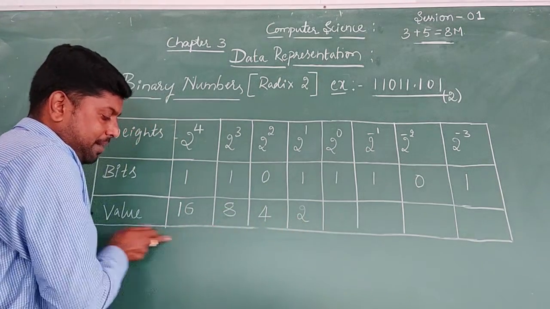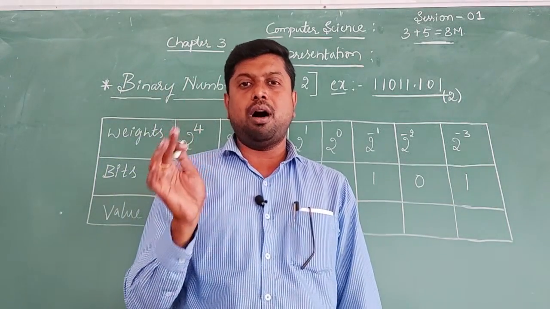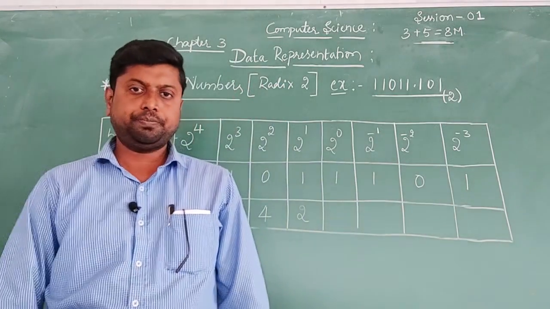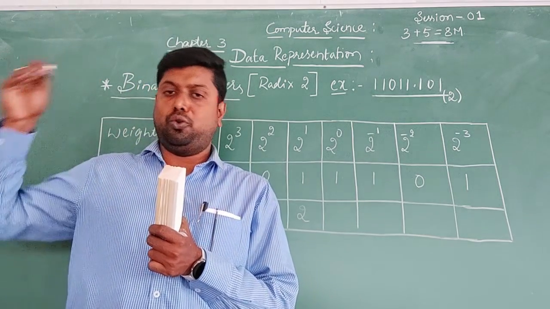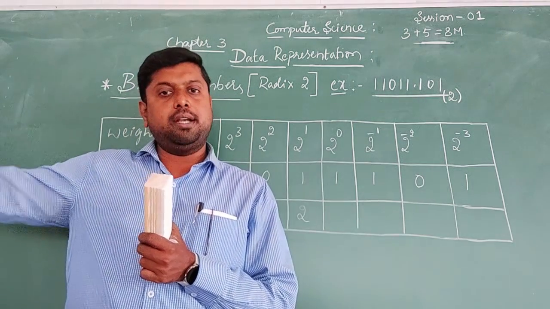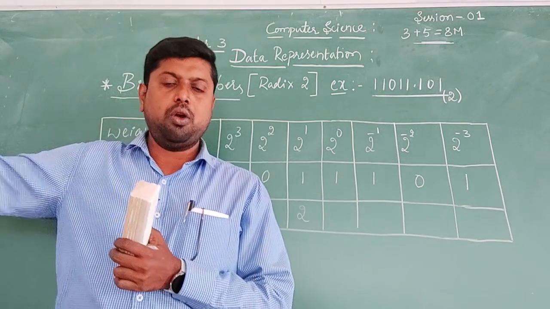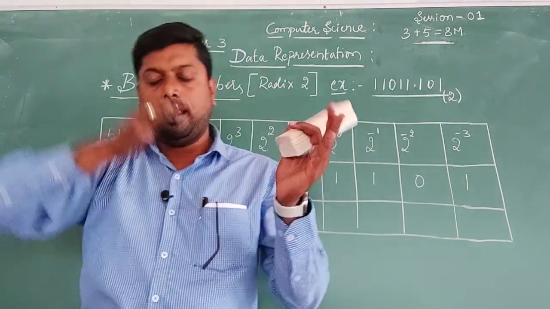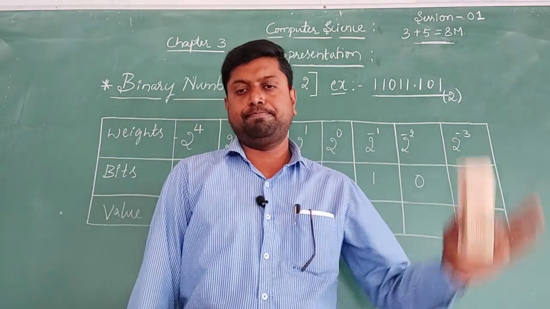By seeing these numbers, what do you get in your mind? All these numbers are multiples of 2, isn't it? 2, 4, 8, 16, and if it is more than 5 digits, 32, 64, 128, 256, the numbering system moves on like that.